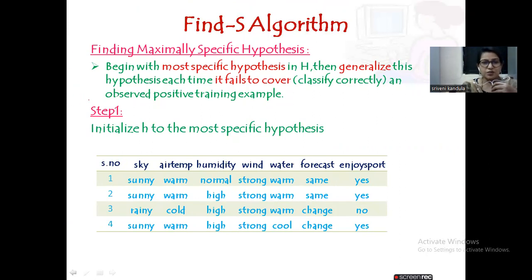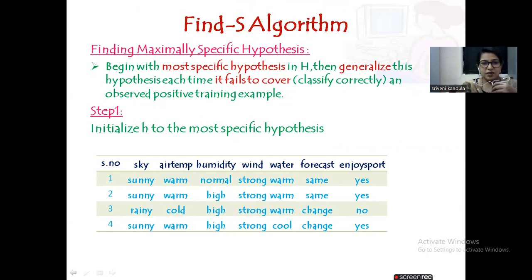Here, if you observe, you have a total of 6 attributes: sky, air temperature, humidity, wind, water and forecast. Each attribute is taking on various values. Sky takes 2 different values, sunny and rainy. Air temperature takes 2 different values, warm and cold.